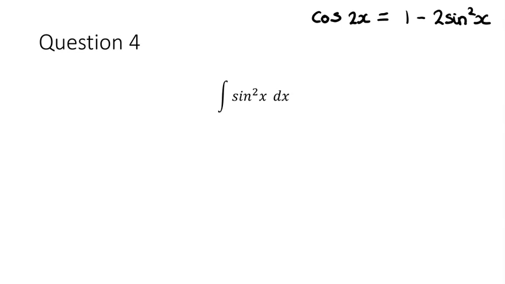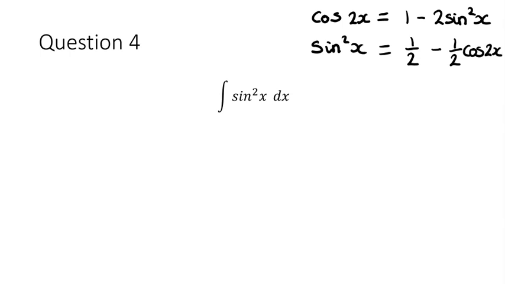There are different ways we can write cos 2x. However, because we're integrating sine squared, we want the one with the sine squared in. What I'm then going to do is rearrange this to make sine squared the subject. So to do that, I would just add 2 sine squared to both sides, take away cos 2x from both sides, and then divide by 2.